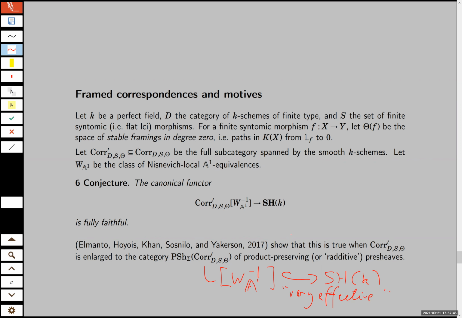So that's kind of a tautology that it's the very effective ones. But yes, there's a non-trivial statement that the maps in the category of motivic stable homotopy types can be computed using these correspondences. So that's what correspondences give you here.